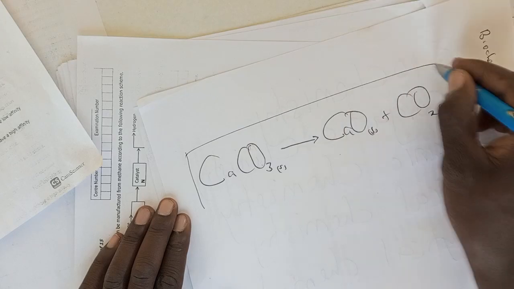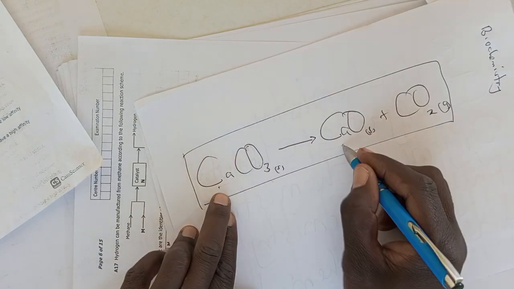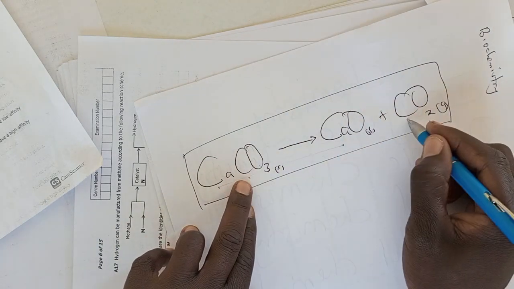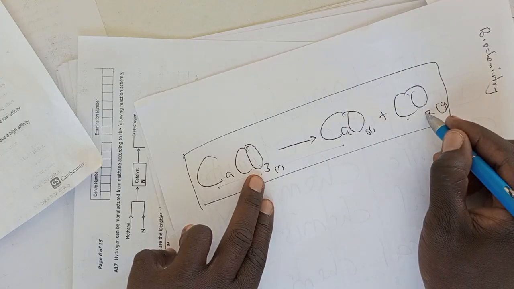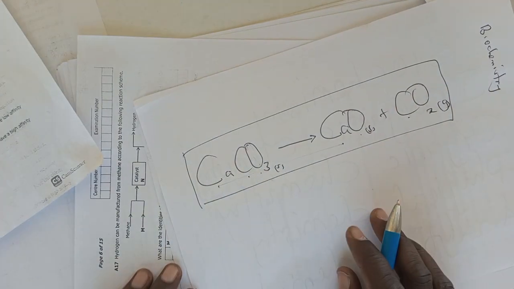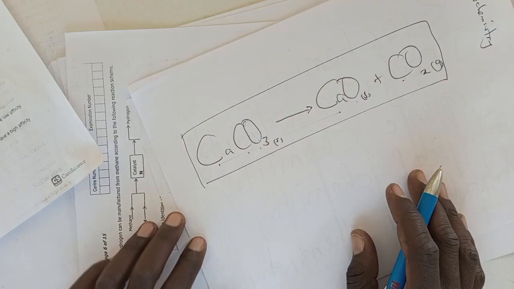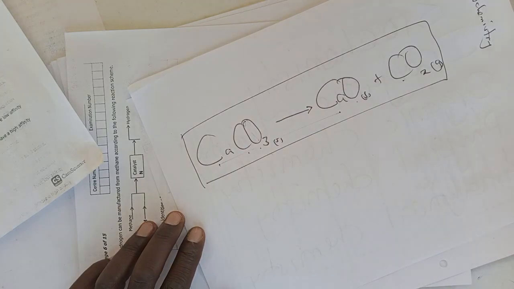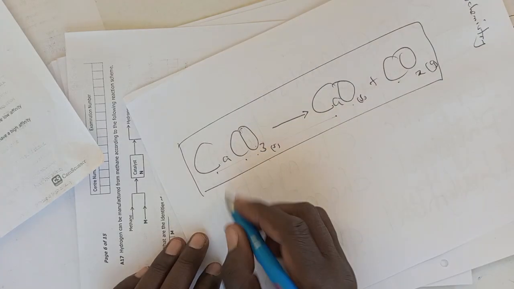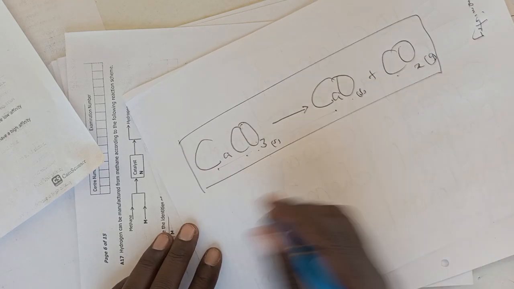Now, is this equation balanced? Calcium 1, calcium 1, carbon 1, carbon 1, oxygen 3, oxygen 2 plus 1, 3. Balanced.